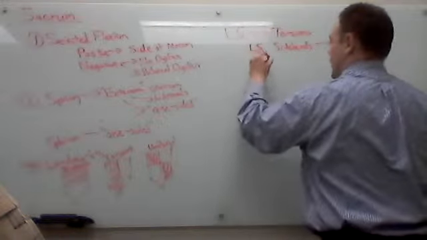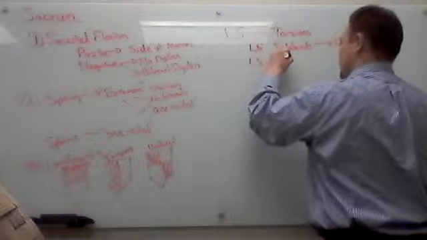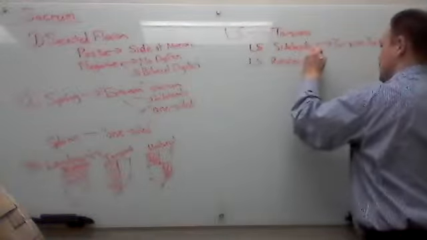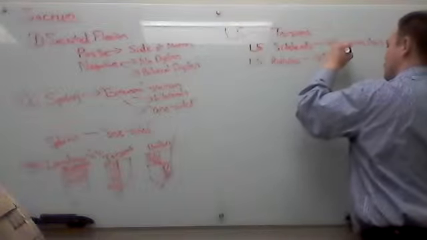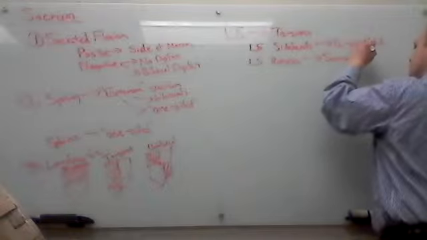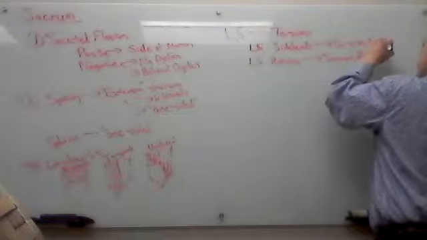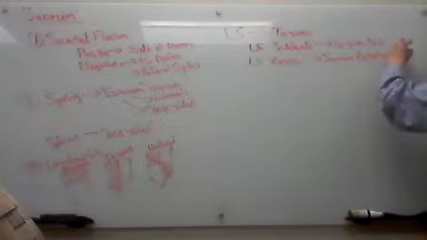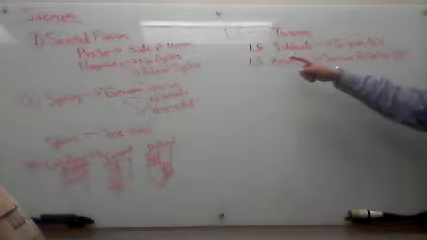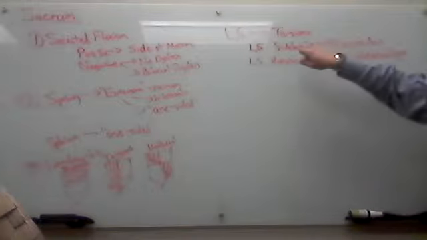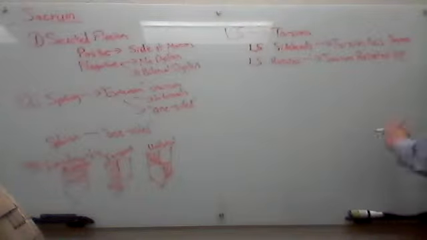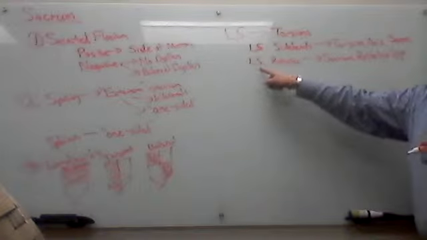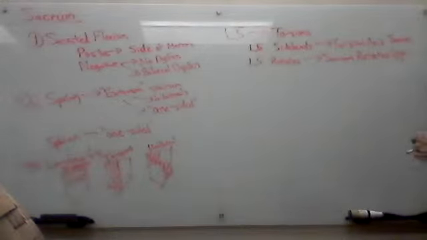Whichever side L5 rotates, the sacrum rotates opposite. So again, whichever way L5 side bends, torsion is on that axis, so it's on the same side. Whichever way L5 rotates, the sacrum rotates opposite.